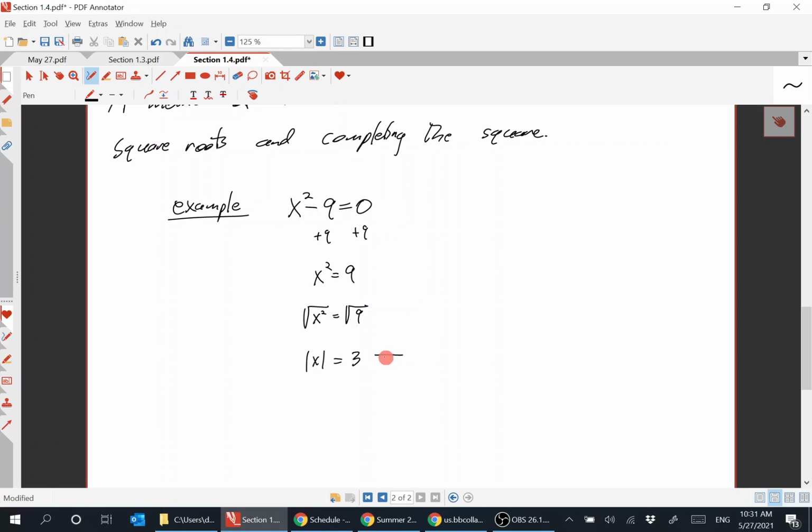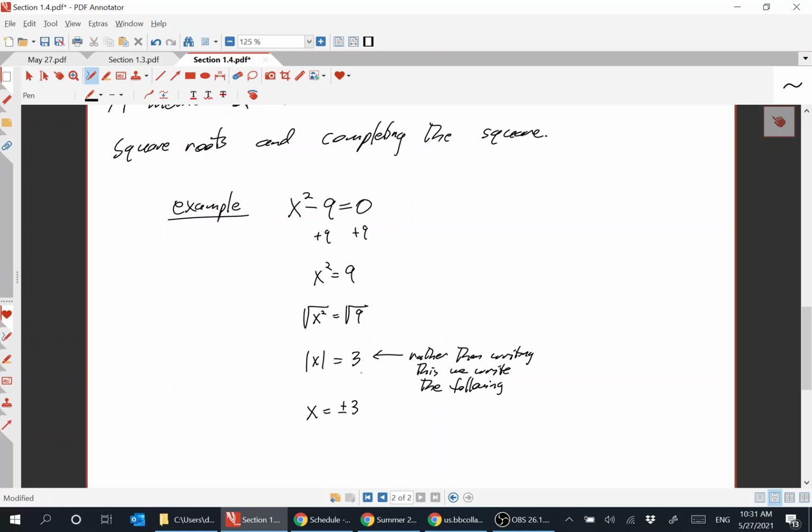But rather than writing this, we write the following: x equals, and then we use this little symbol, plus or minus 3.